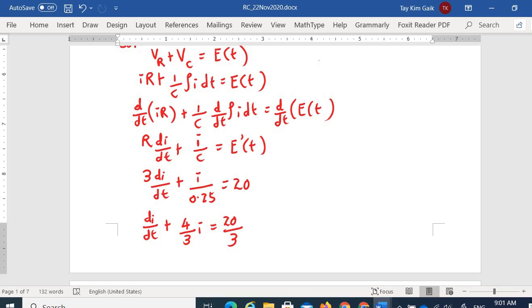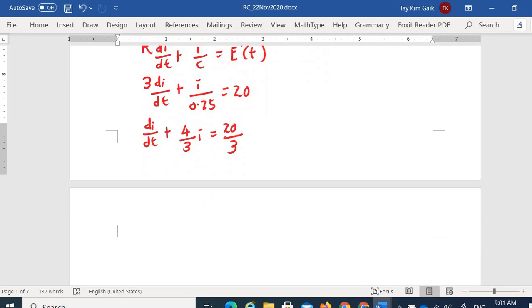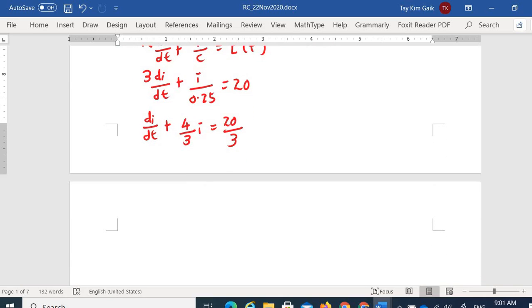Okay. As in the RL circuit, as I mentioned, if your right hand side is constant, it can be treated as a separable equation and also a linear equation. So first of all, we look at this one as a separable equation.